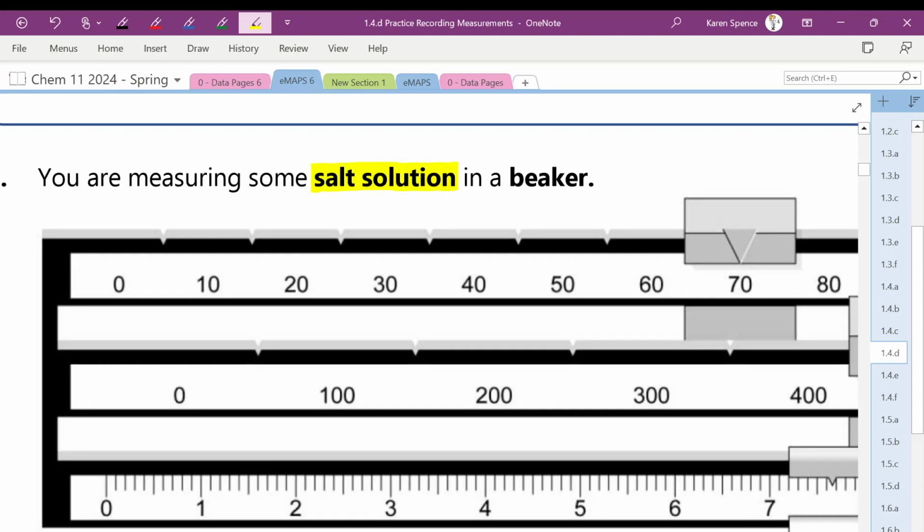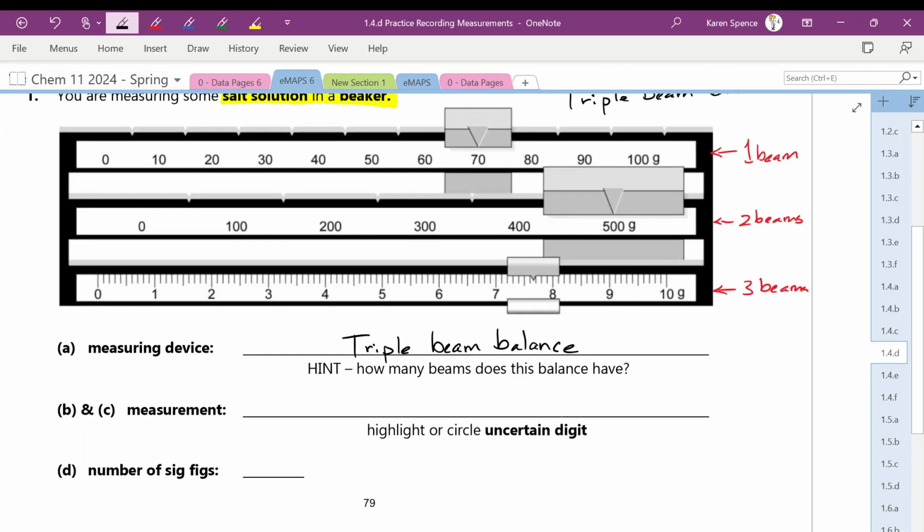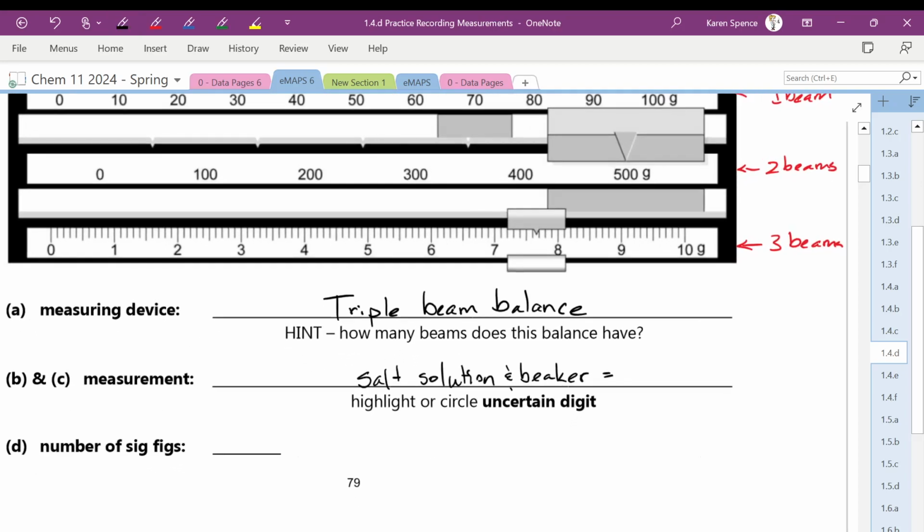You are also measuring the beaker, because it's pretty impossible to put a salt solution on one of these without having some kind of container. Yes, it would just go all over the place. Would it be okay for me to just say salt solution and beaker equals? Or am I missing something?